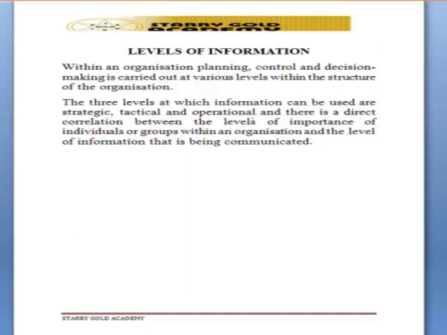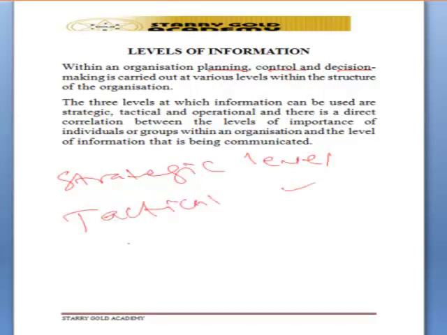Now the next one is levels of information. When we talk about levels of information within an organization, planning, control, and decision making are carried out at various levels within the structure of the organization. The 3 levels at which information can be used are the strategic level, tactical level, and operational level.